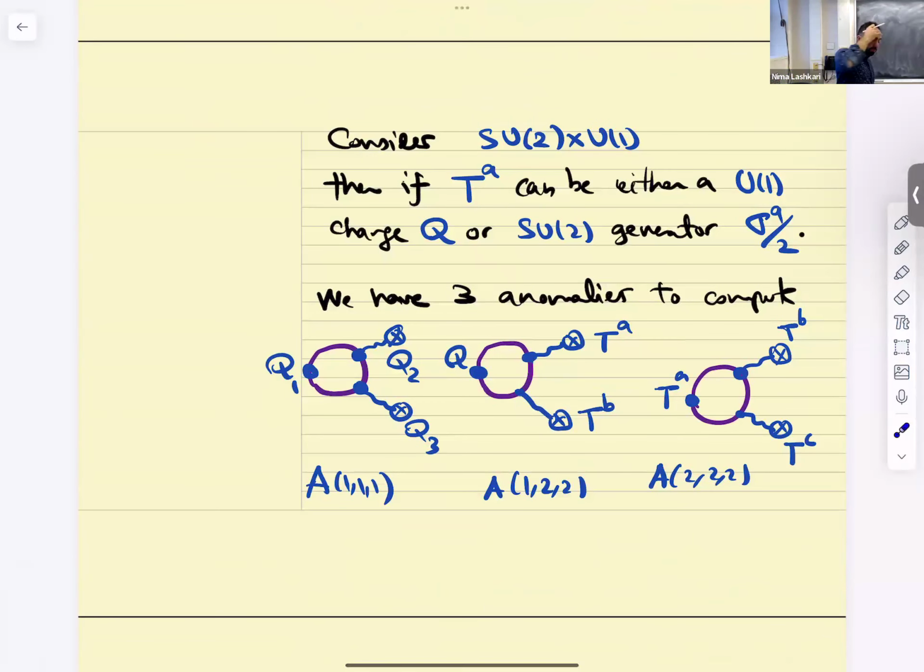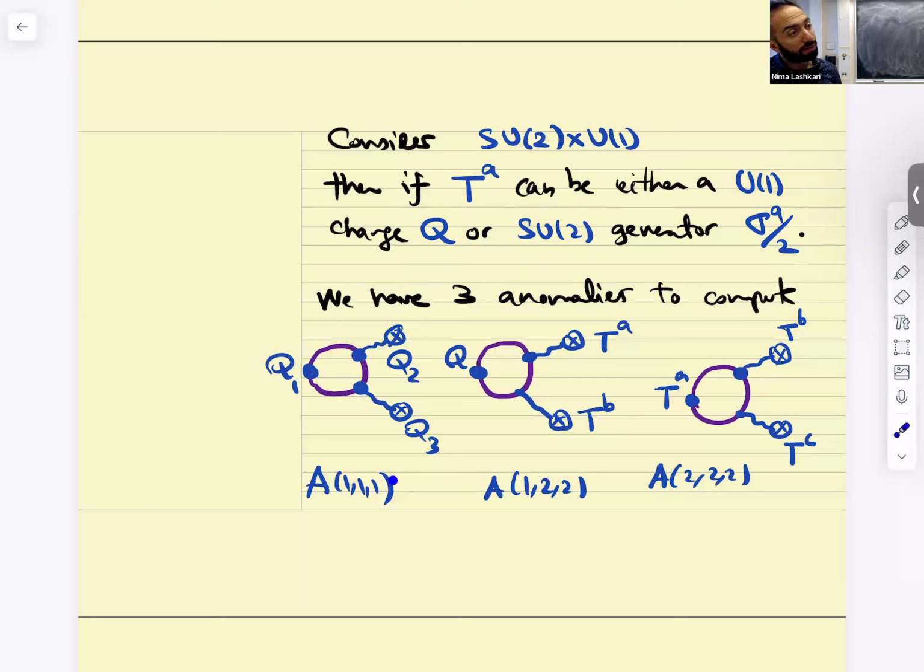Consider SU2 cross U1. Now, the Lie algebra generators could be either the U1 generator, which is basically just a phase with a charge Q that labels the representation, or they could be SU2 generators, Pauli matrices over 2. We have 3 anomalies to calculate: Q, Q, Q, which is U1, U1, U1, this is A111. Hopefully you remember what this meant.